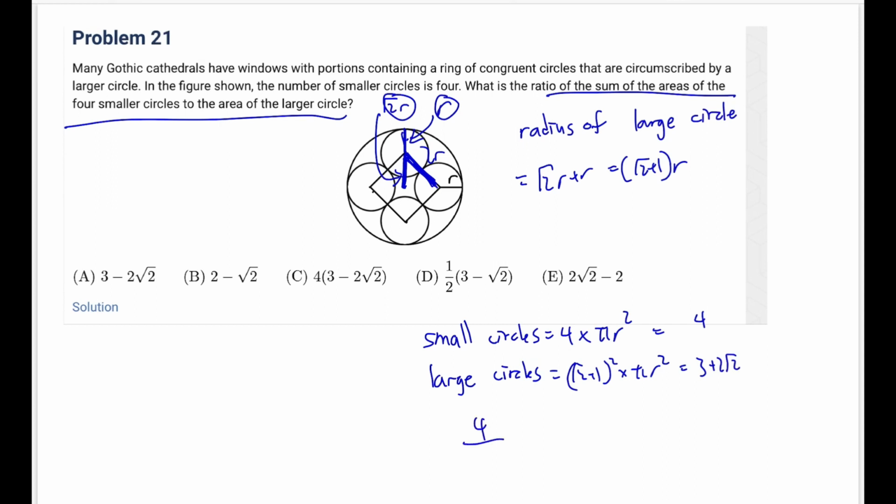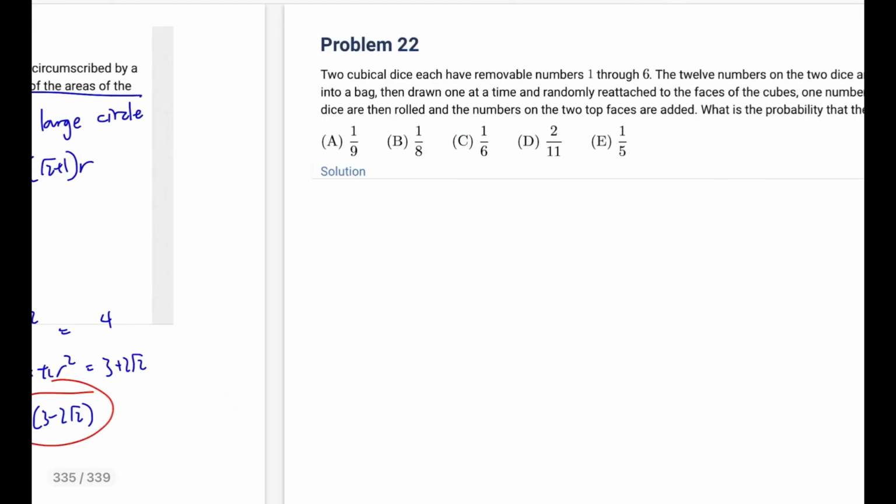So the answer is 4 over 3 plus 2 root 2, but then we can multiply 3 minus 2 root 2 to both the numerator and the denominator. The denominator becomes 1 and goes away, and what we have left is 4 times 3 minus 2 root 2, and the answer is C.